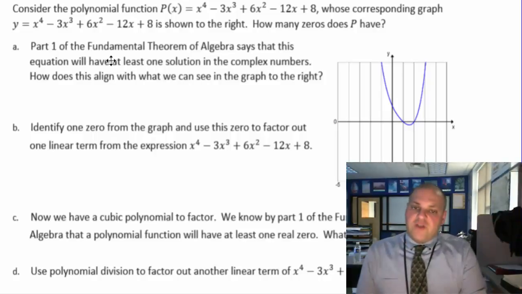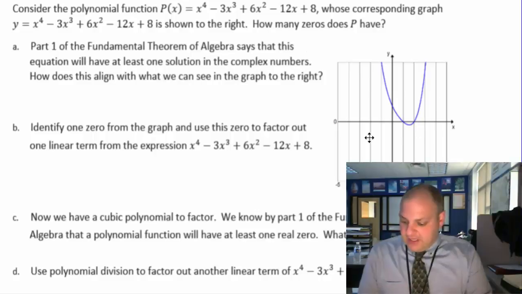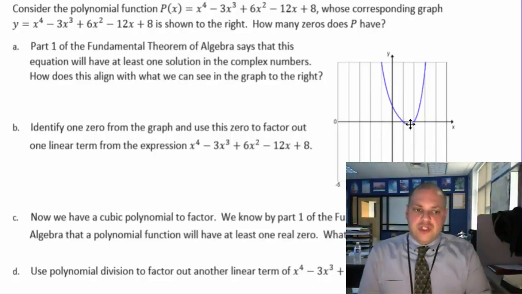So part 1 of the fundamental theorem says that this equation will have at least one solution in the complex numbers. How does this align with what we can see in the graph to the right? You see how it's a degree of 4, but this only has 2 x-intercepts.